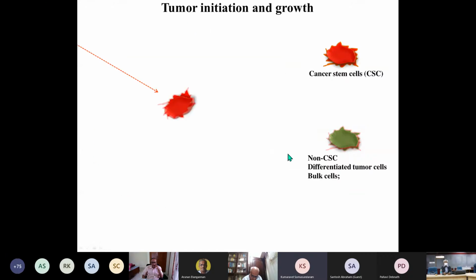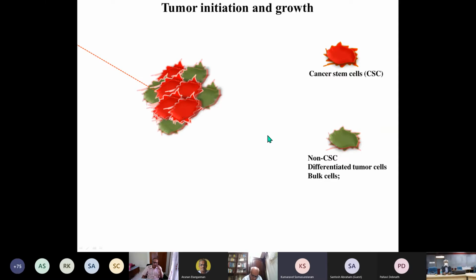so let's look at the tumor initiation and growth. Let's say one cancer stem cell is formed that divides into two, becomes four. Then simultaneously it also differentiates to form the bulk cells, the non-cancer stem cells. So this process continues to happen. The direction towards differentiation is happening more often.